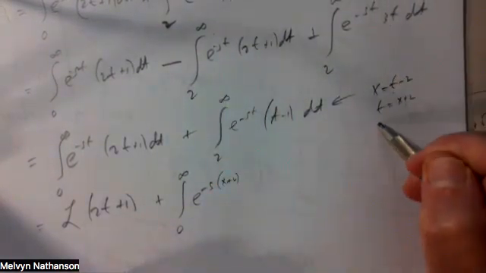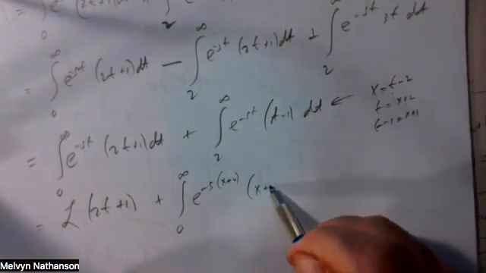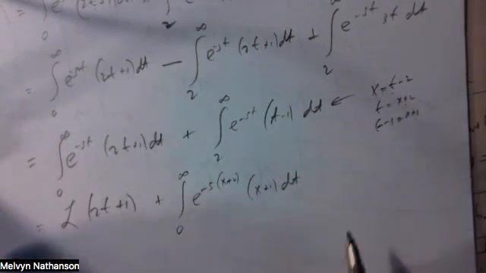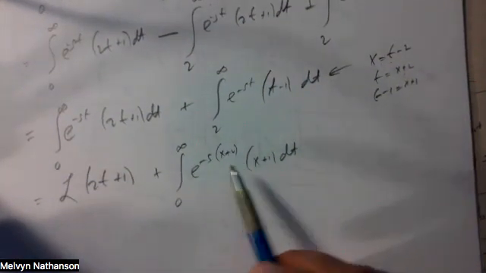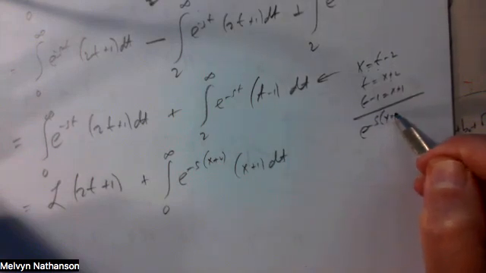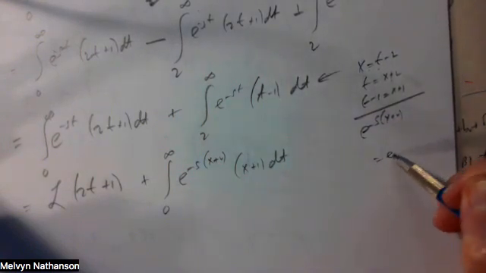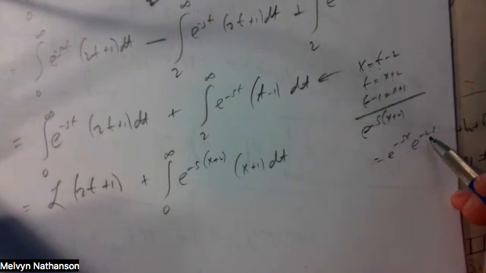And if t is x plus 2, t minus 1 is x plus 1, x plus 1 dx. So except for this 2, e to the minus s, x plus 2 is e to the minus sx, e to the minus 2s.